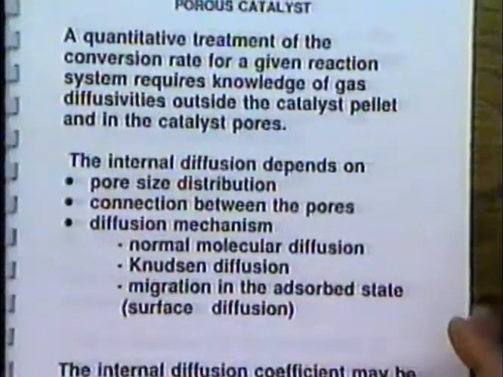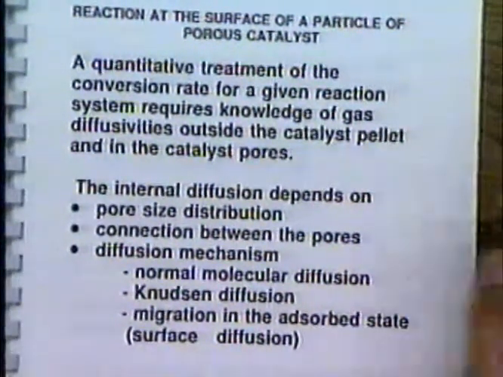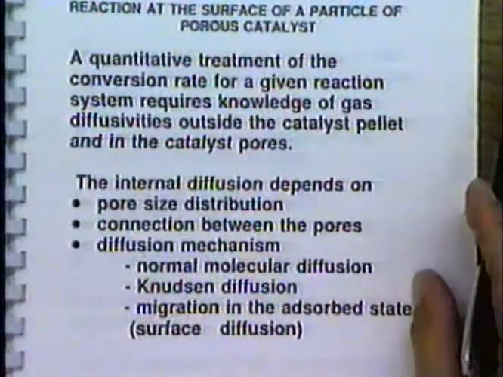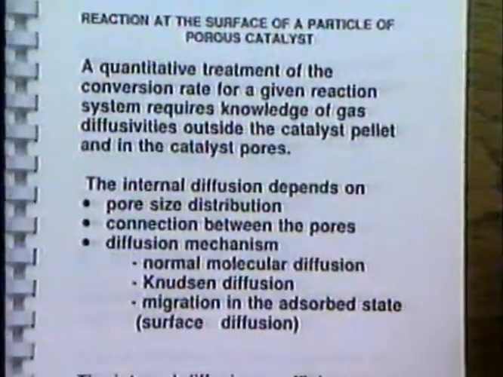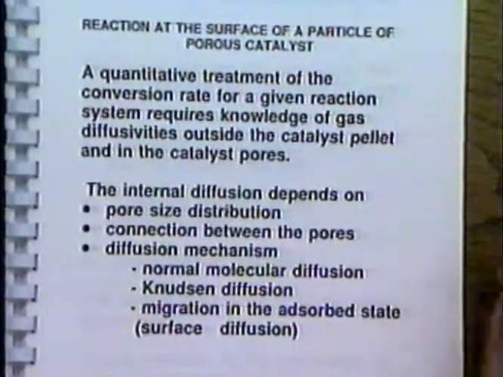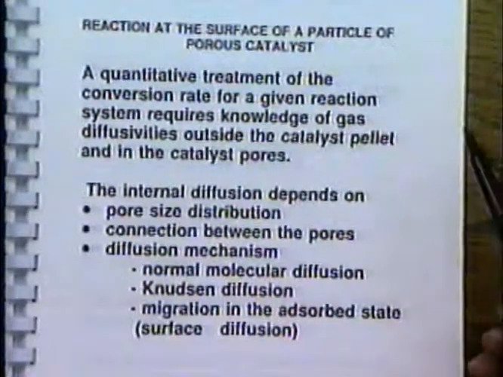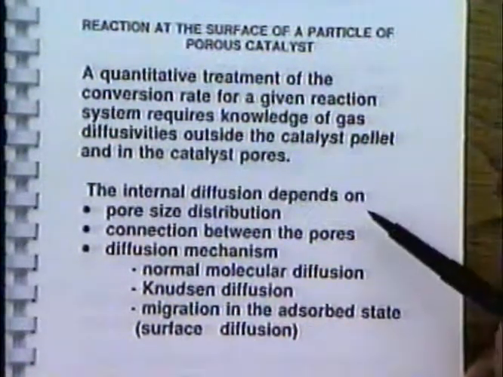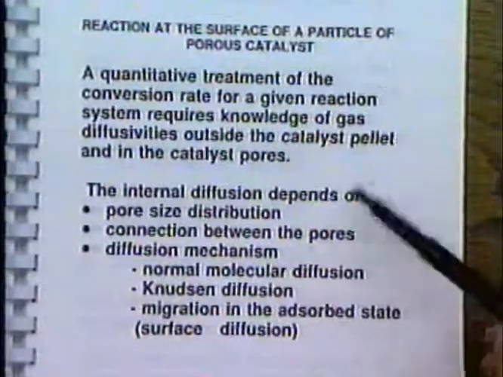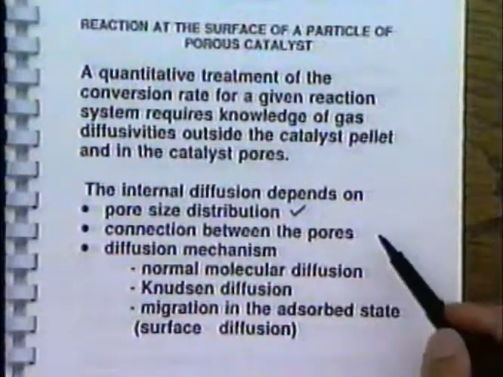Now, in order to analyze in quantitative detail the rate process for reaction with diffusion in a pore, we need to know the diffusivities in the gas phase and in the pore. The diffusivities in the pores, or the internal diffusivities, will depend on pore size distribution and on the connection between pores.